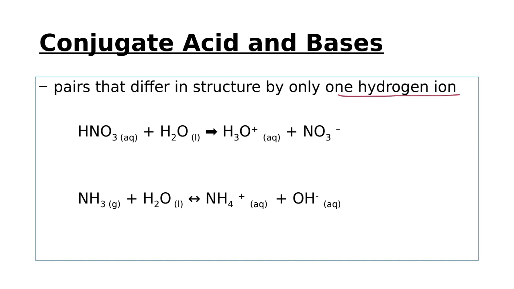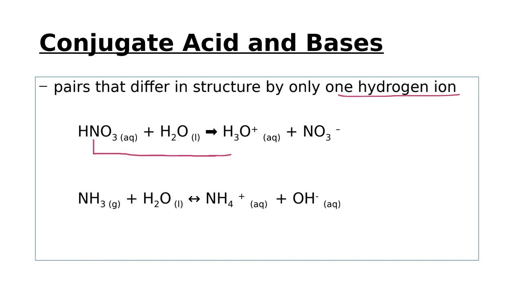So the proton of either an acid or also of a base. And what we do is we will look at these dissociation equations for different acids and bases, and you find a reactant that differs by 1 hydrogen with its counterpart on the product side.